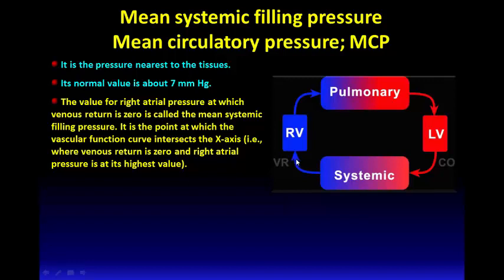Thus, when the right atrial pressure becomes equal to the mean systemic pressure, no pressure gradient exists between the venous pressure nearest to the tissue and the venous pressure nearest to the heart, and venous return stops and becomes 0.